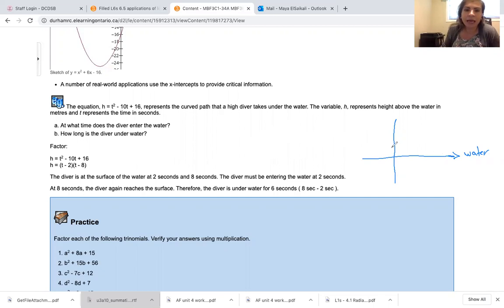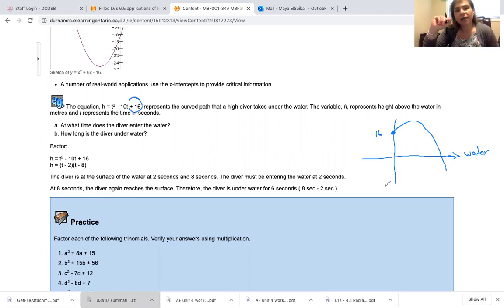And what I know here is that my y-intercept is at 16. So I'm starting here at 16, and what's going to happen is the diver is going to go up, and then go down and enter the water. Picturing this, graphing this is going to help you solve.